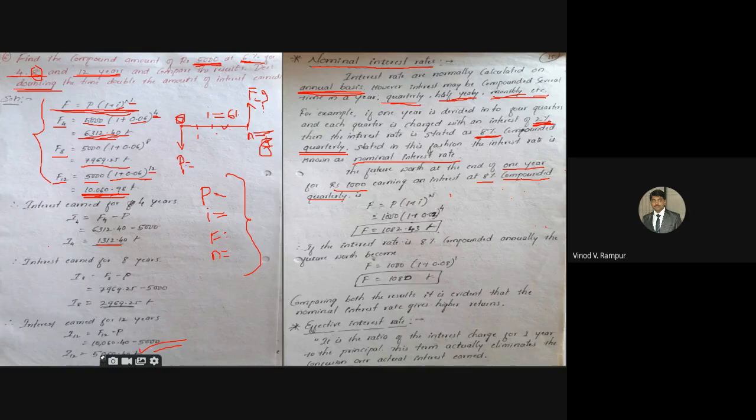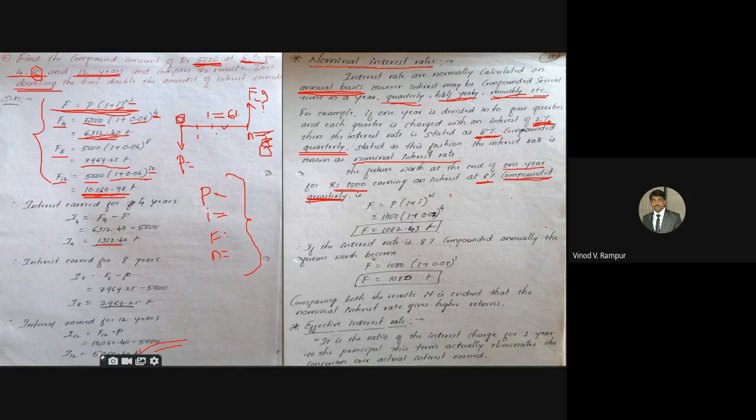Remember this, at the end of a question they always give this: compounded quarterly, compounded monthly, compounded yearly. You have to remember that. Based on that, you have to calculate the value of small i. Now 1000 rupees is earning at the rate of interest 8% compounded quarterly.